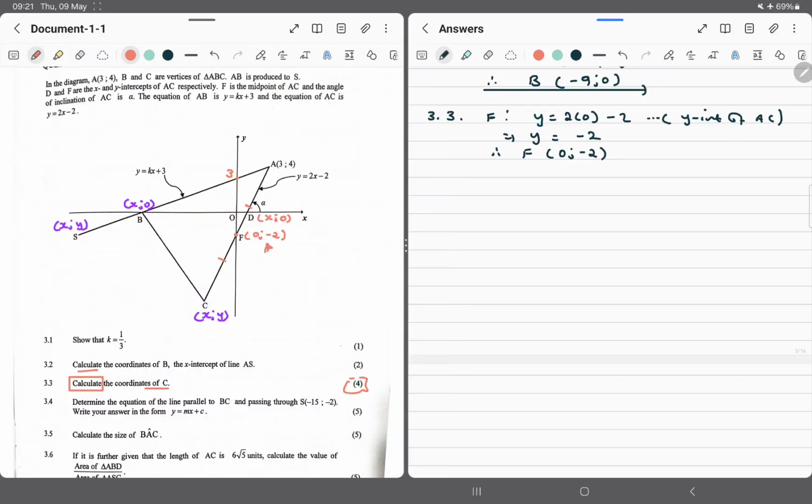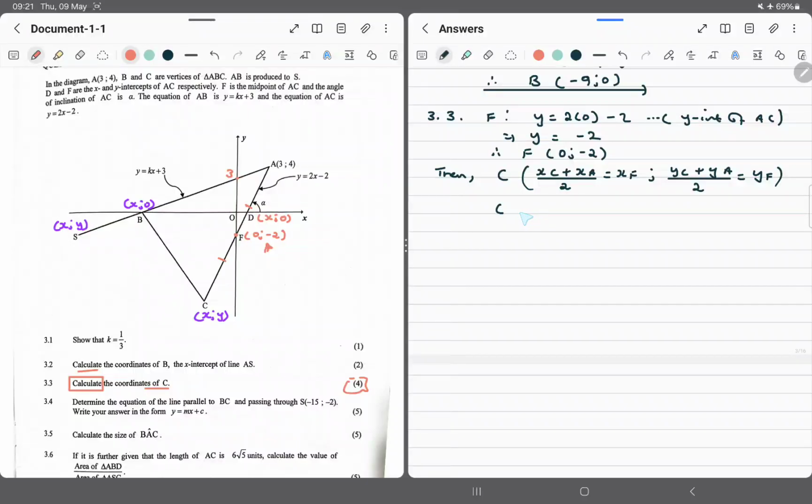Now we understand that F is the midpoint of AC, so x at C plus x at A over 2 should give us the x coordinate at point F. Likewise, y coordinate at C plus y coordinate at A over 2 must give us the y coordinate at F, because it's the midpoint.